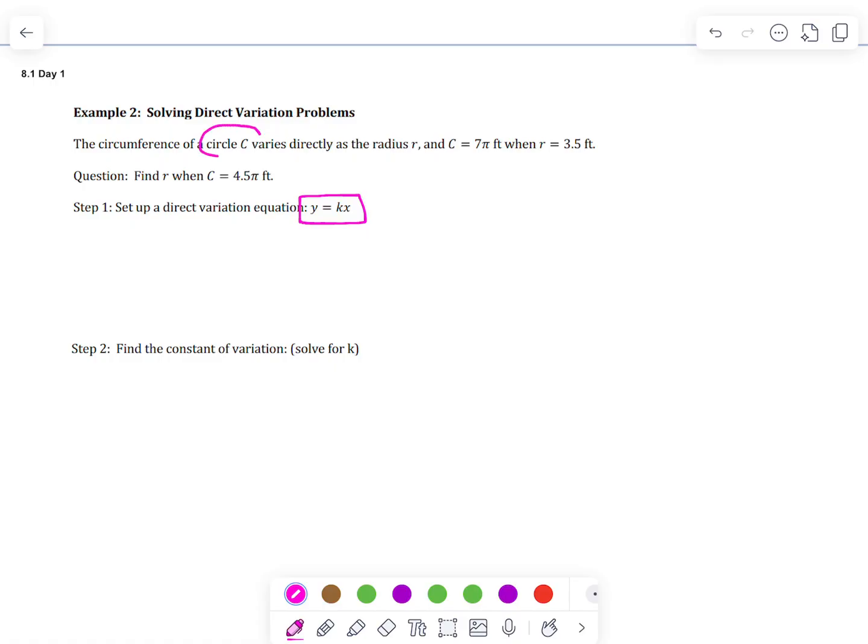So the circumference C, I'm going to change that to the letter y. Think of that as your y piece. It varies directly with the radius r, which would be the x piece. So when we set up our equation, C equals k times r.